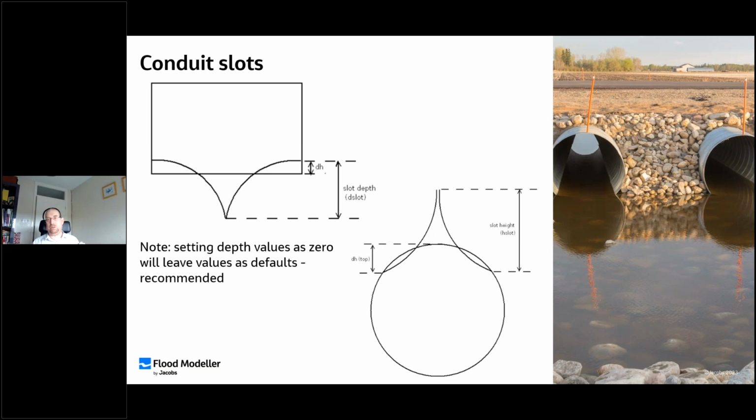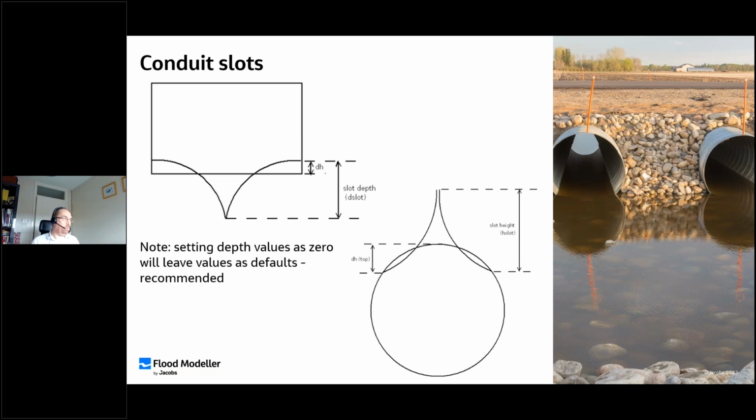And the reason for mentioning this is that I've seen a lot of models where people actually change the default values of these transition distances. So the DH, which is your distance below the soffit, and your H slot, which is your distance above the soffit, where it's phased out, if you like.